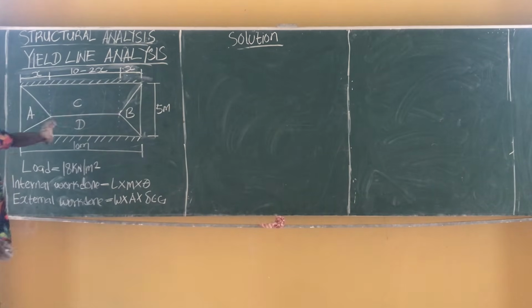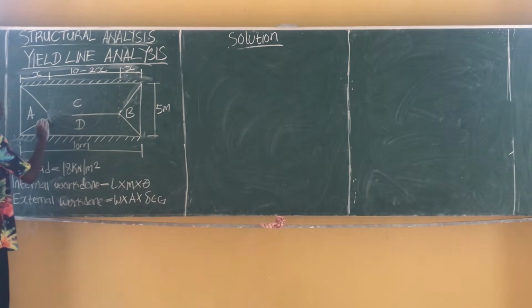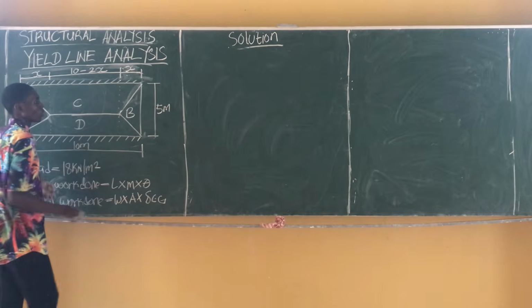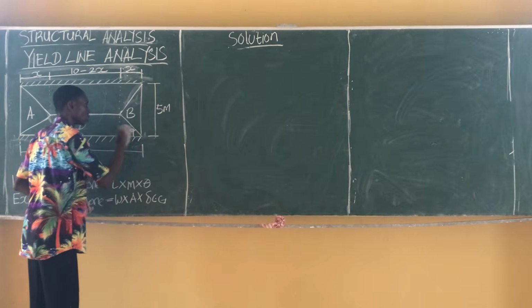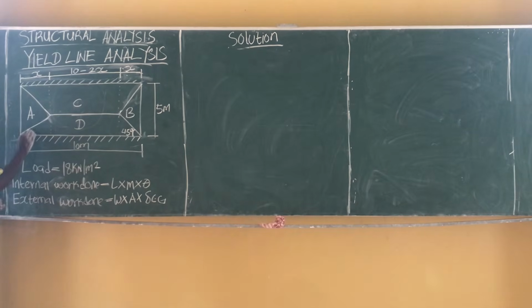My drawing is not to scale. And segment C and segment D are also equal, where this is 45 degrees, and this is also 45 degrees.